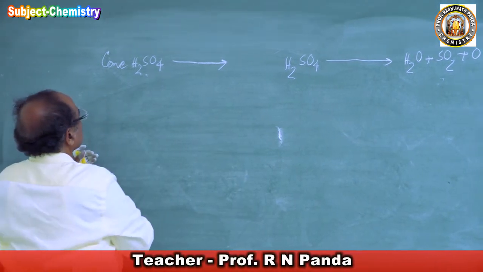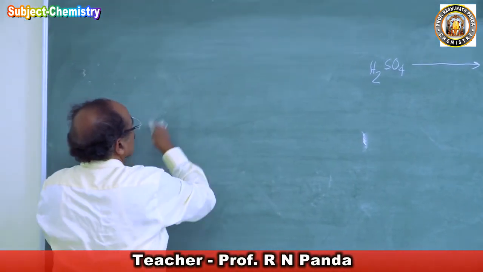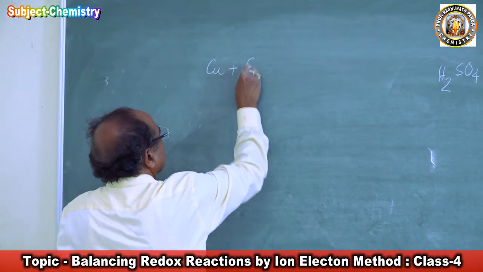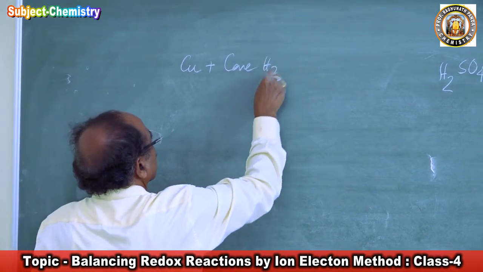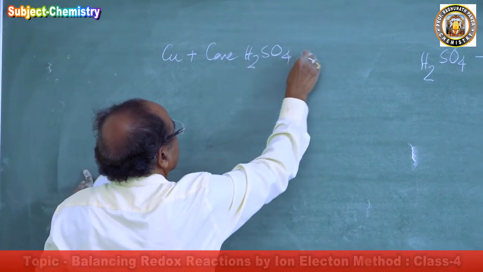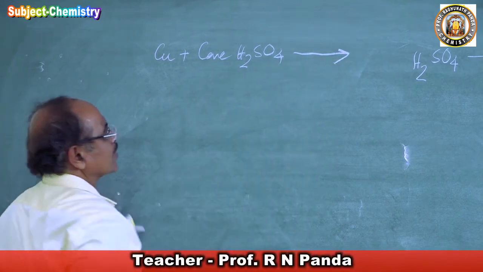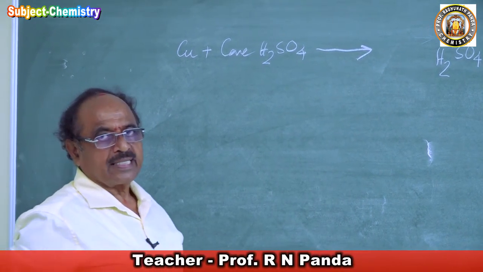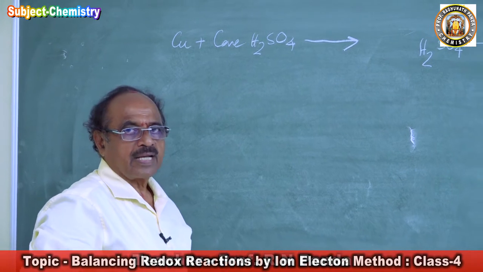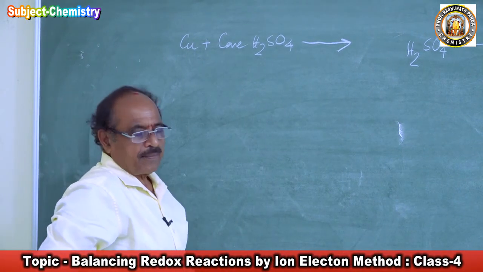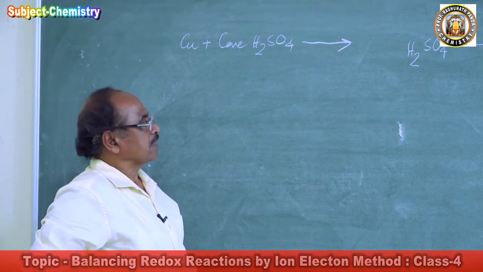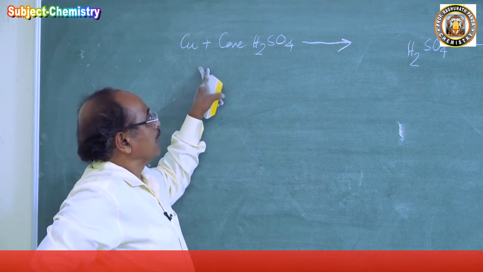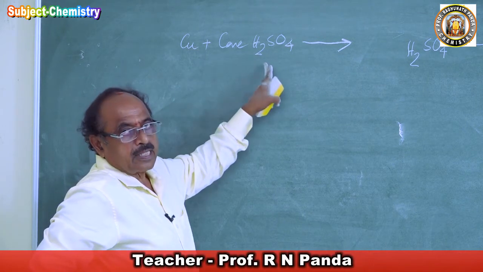So we'll now write the chemistry of balancing copper plus concentrated sulfuric acid. This equation we very much use in the preparation of sulfur dioxide. In the chapter on preparation and properties of sulfur dioxide, you will have this preparation. Sulfur dioxide is made by heating concentrated sulfuric acid with copper.